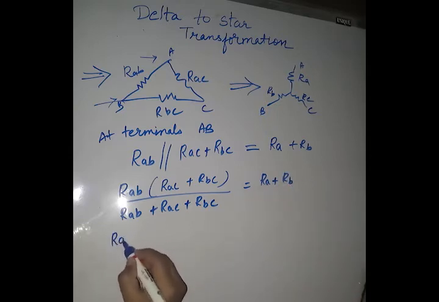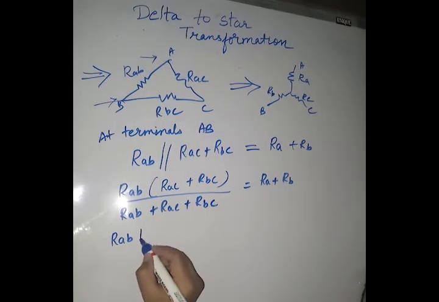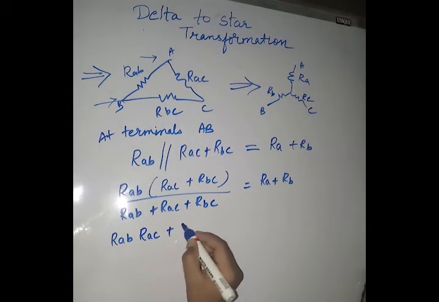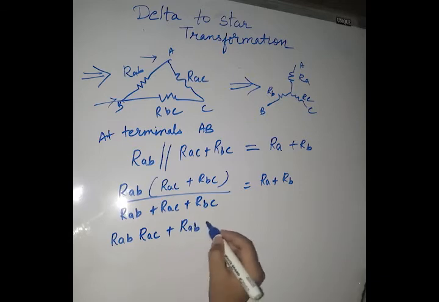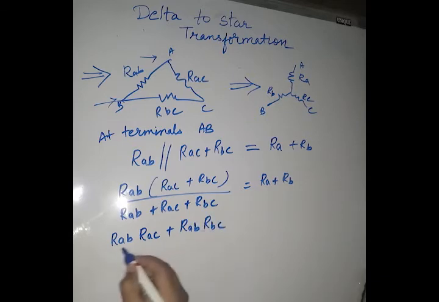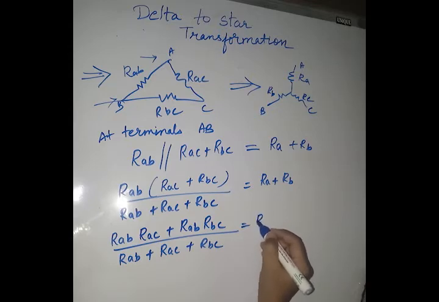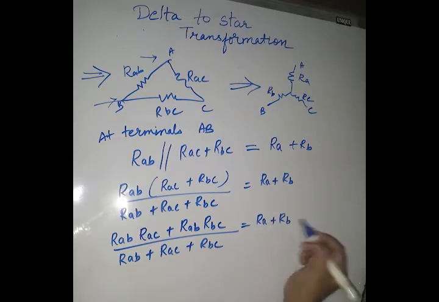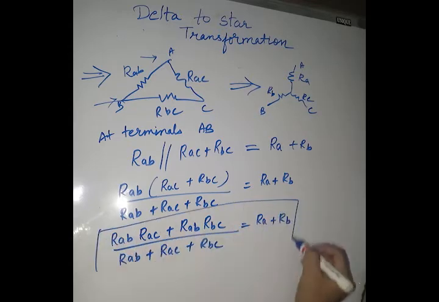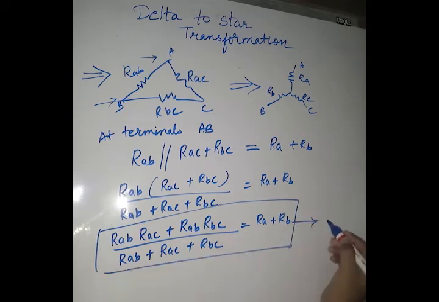So it will be RAB into RAC plus RAB into RBC divided by RAB plus RAC plus RBC equals RA plus RB. So this will be our equation number 1.